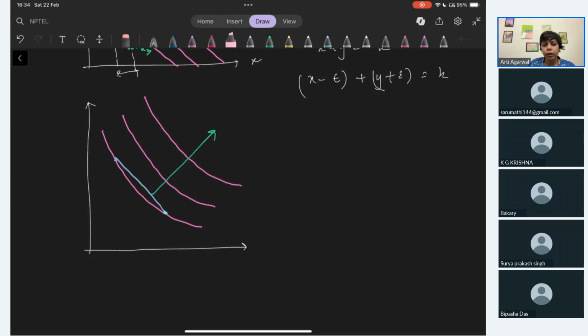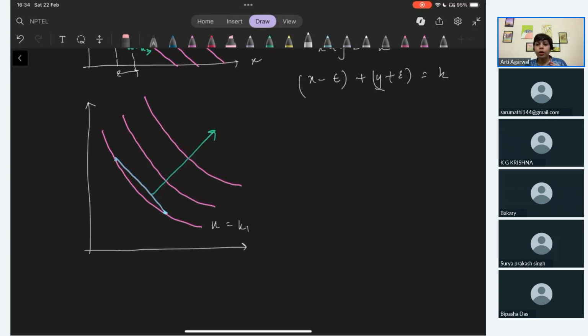Any area on the right hand side, right upper hand side of this pink curve is more preferred, which means that this blue line, which is joining any 2 points on this pink curve, is more preferred than any point on the pink curve, right? I'm just speaking visually from the graph. I've not discussed anything very complicated so far, right?